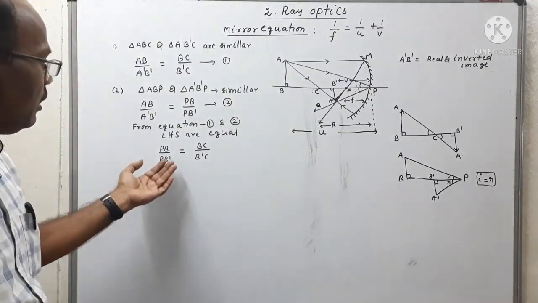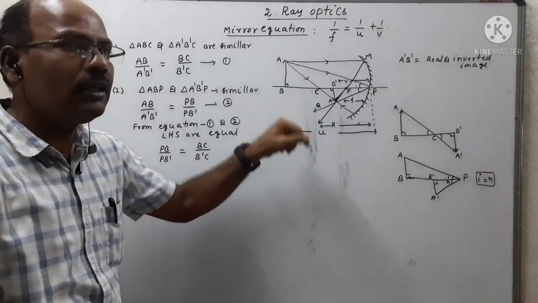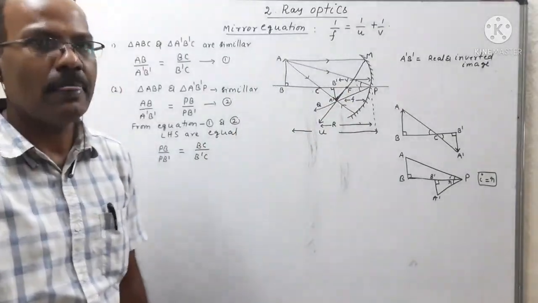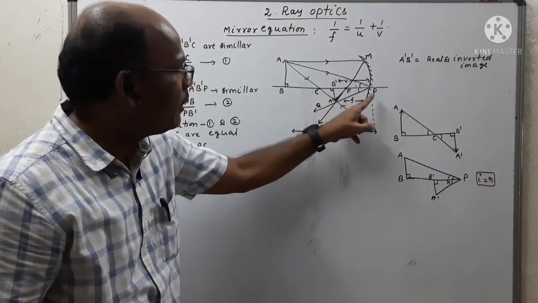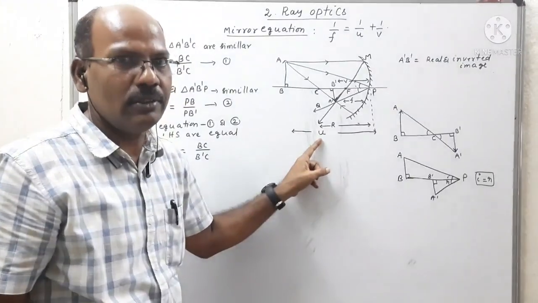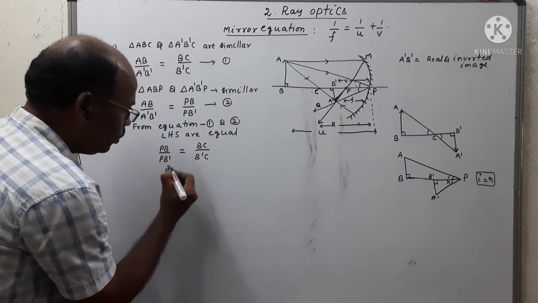Then we can find PB, PB dash, BC, B dash C in terms of u, v, R and f. So PB, as we can observe from the diagram, is nothing but the object distance. So in place of PB, we can simply write u.